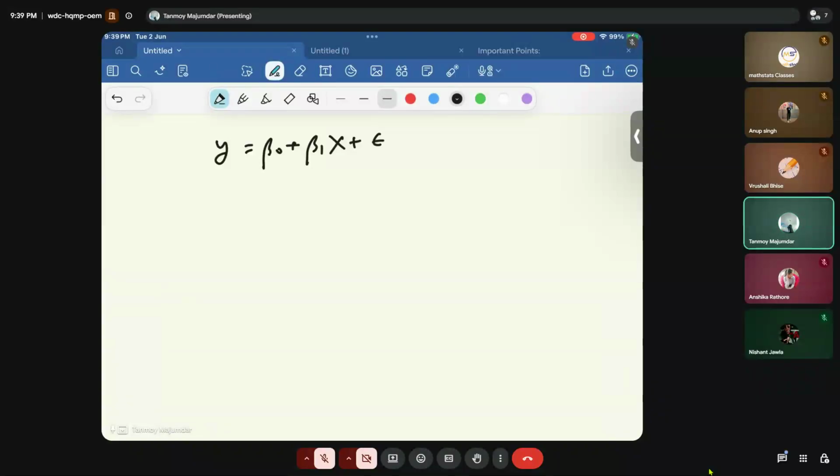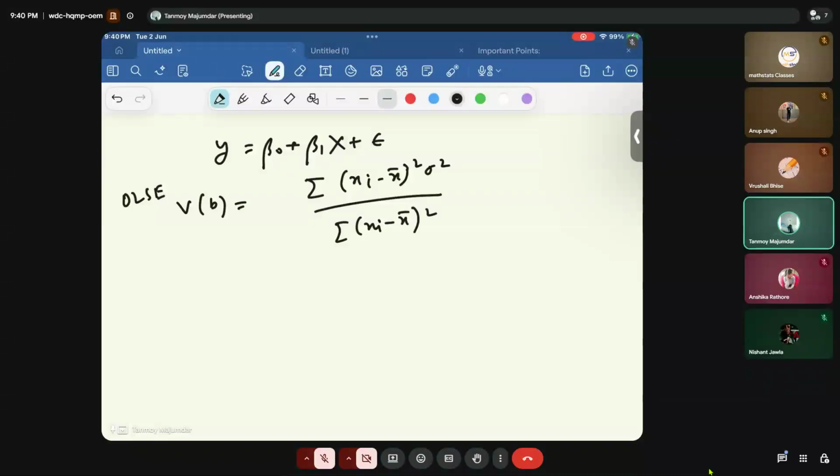In that case, the variance of B, if we consider the OLS, that is equal to the summation of (xi minus x bar) squared sigma i squared divided by the summation of (xi minus x bar) squared, whole squared. This we already know.